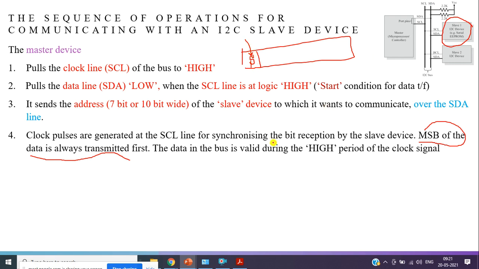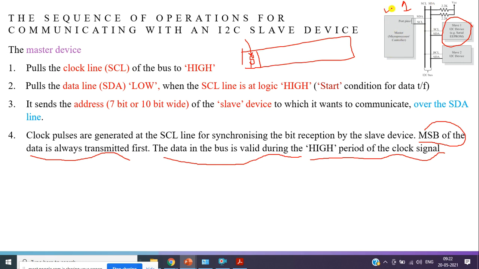That indication is always given to the slave device, so that the data on the bus is valid during the high period of the clock signal. Which means that as long as SCL is logic 1, the data present on the SDA bus is valid. Once SCL goes to logic 0, the data present on SDA is going to be invalid.